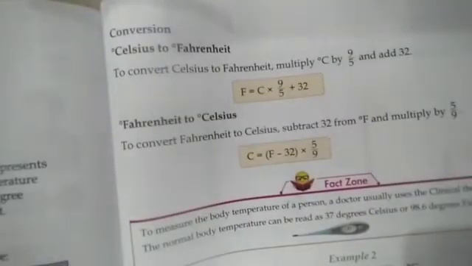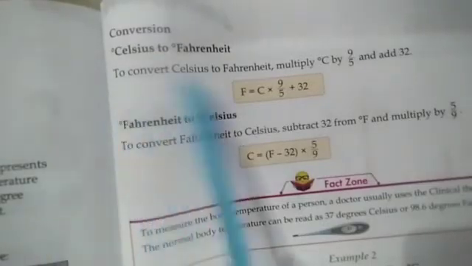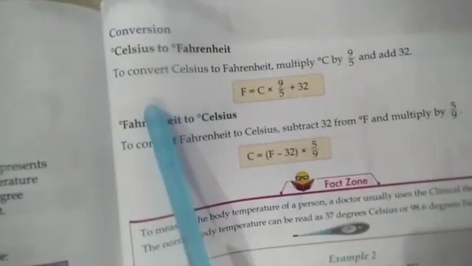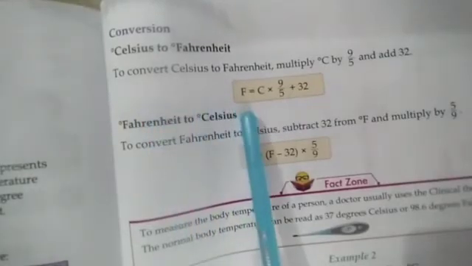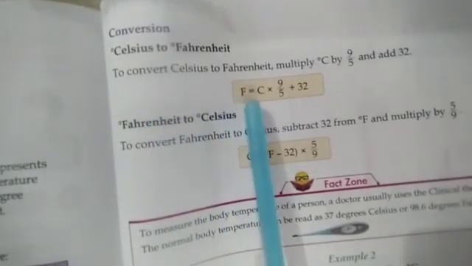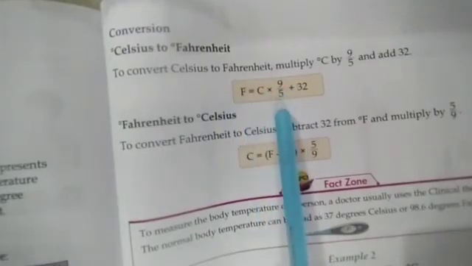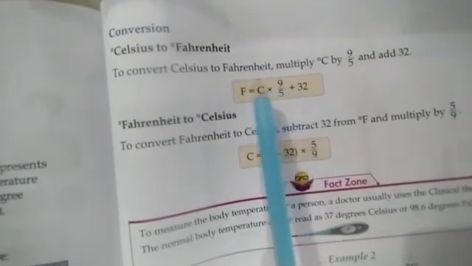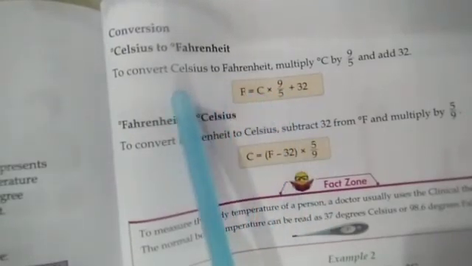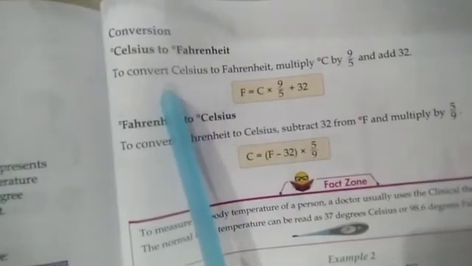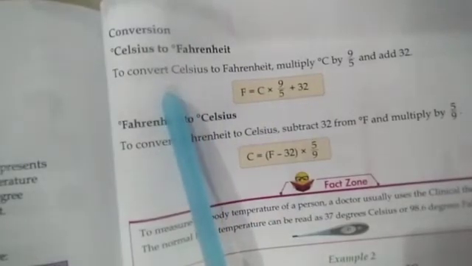Next, conversion of the Celsius scale and Fahrenheit scale. Celsius to Fahrenheit: F equal to C into 9 upon 5 plus 32. When the Celsius degree is given, we change it into Fahrenheit.